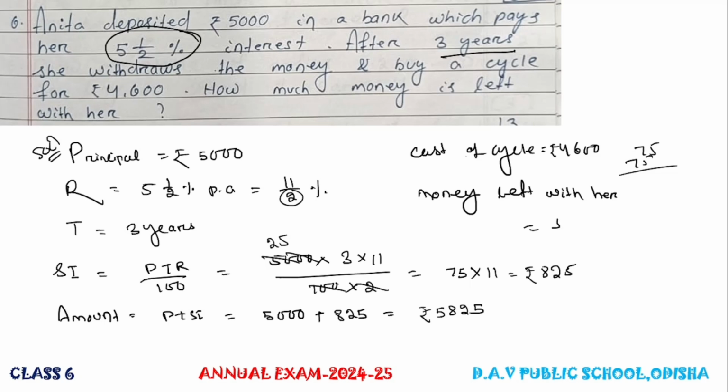That is, amount is 5,825 minus 4,600. So subtract: 5 minus 0, 2 minus 0, 8 minus 6 is 2, 5 minus 4 is 1. So the answer is 1,225 rupees. Okay, next question.